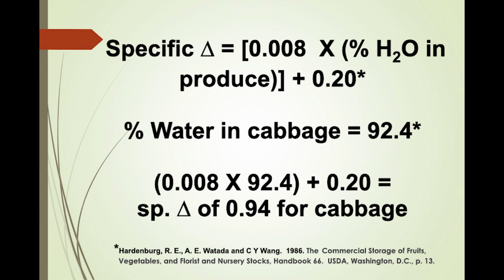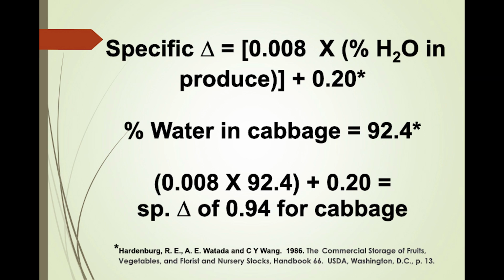If you look up the percent water in cabbage, it is 92.4% on average. When we plug that value into the formula, we don't plug in the percentage symbol, we simply plug in the number. So now we have 0.008 times 92.4 plus 0.2, and this yields a specific heat for cabbage of 0.94.